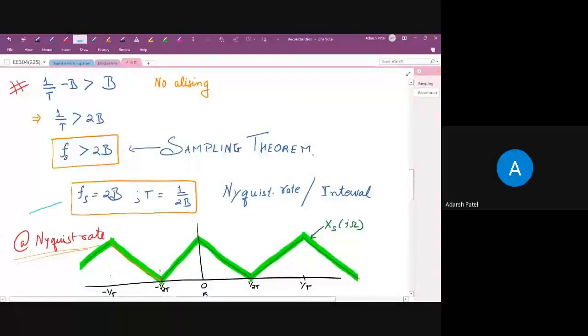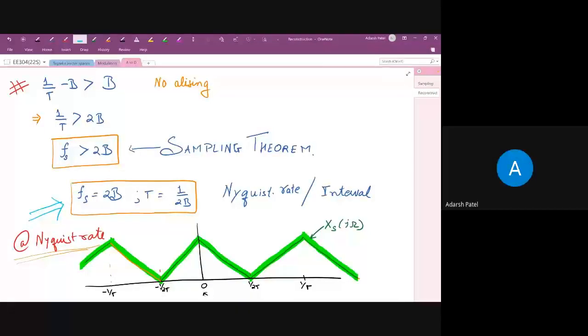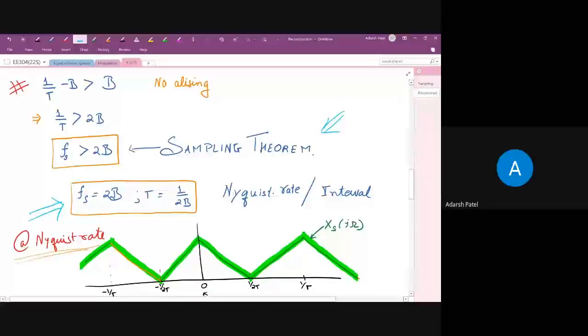We have already written it here. You know, the Nyquist sampling rate is the critical rate. You cannot go below that. This is the minimum rate. If the sampling theorem says that Fs should be greater than 2b, then the Nyquist rate is the critical rate.